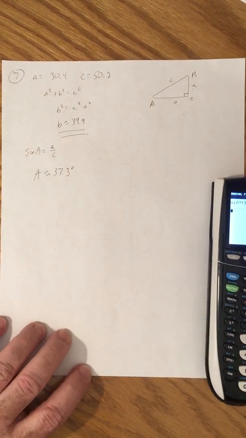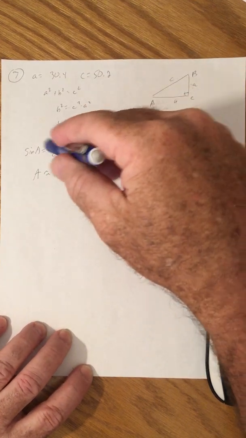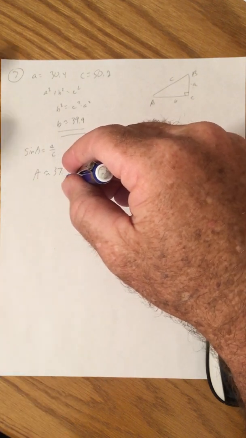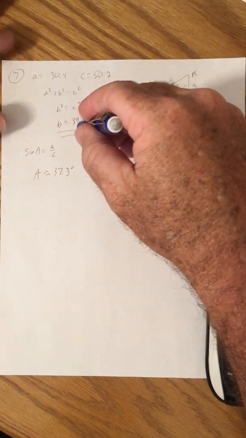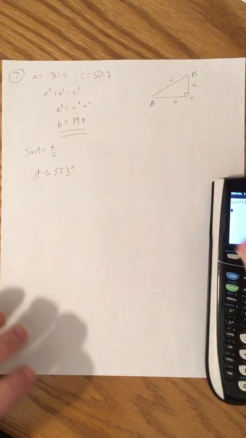Now, I can use a different ratio for this. Since I know side B, I could have used side B in this calculation, but I want to stay with given information.